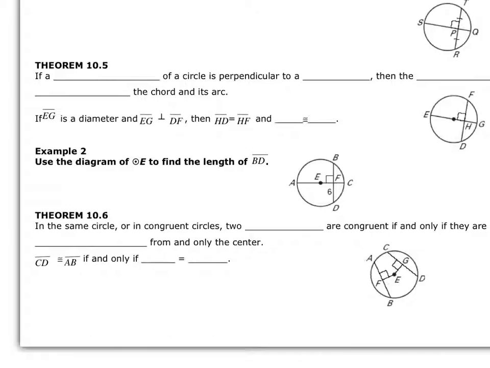Alrighty, theorem 10.5. If a diameter of a circle is perpendicular to a chord, then the diameter bisects the chord and its arc. So basically it's the same thing as this one here. What is this saying? If you don't know it's the diameter, but it cuts the chord in half and it's perpendicular, then you can say it's the diameter.